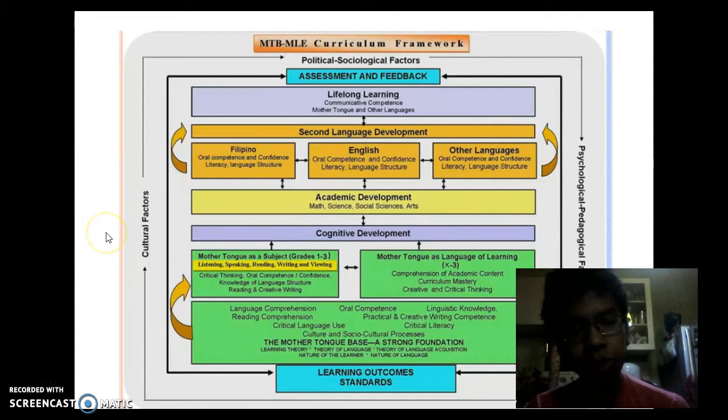Cultural factors refer to the culture and tradition of a particular place. Political sociological factors are political in nature, the societal factors such as the state of a particular place. Next are psychological pedagogical factors.